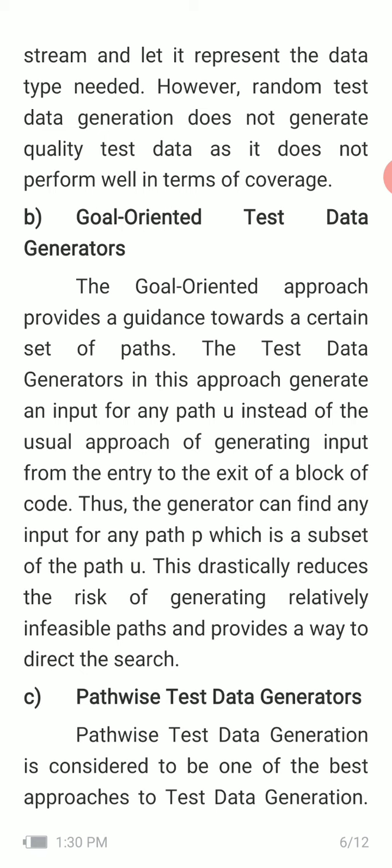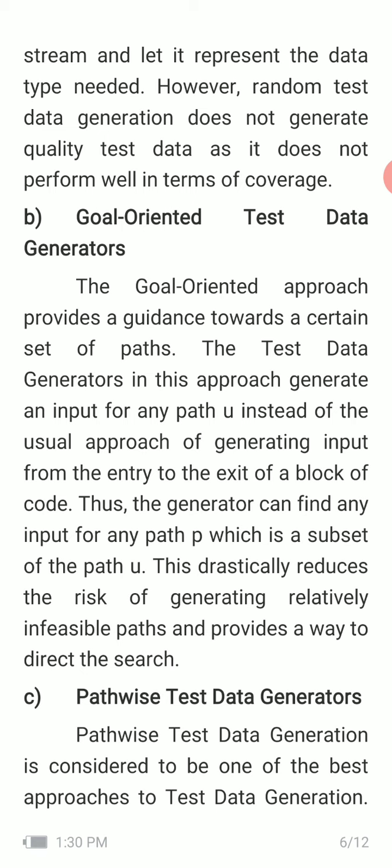However, random test data generation does not generate quality test data as it does not perform well in terms of coverage. In terms of coverage, it will not cover everything. That is the disadvantage of this.